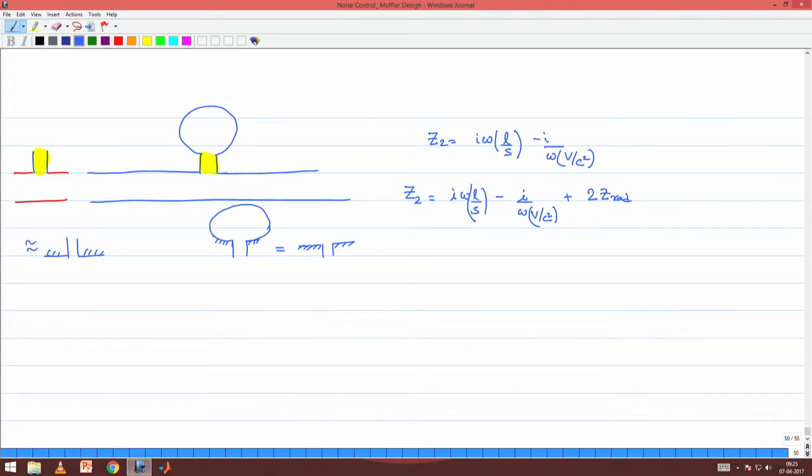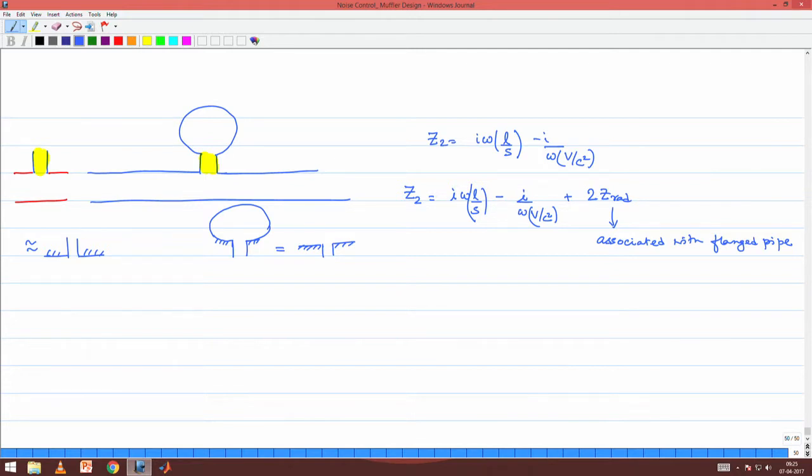So, this situation is that of a flanged pipe. So, the radiation impedance is that associated with a flanged pipe, not with an unflanged pipe. That is why I gave you both the formulas in the earlier class, so that you can use it appropriately.